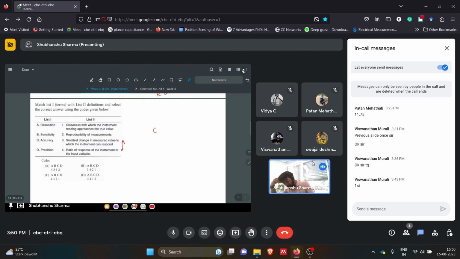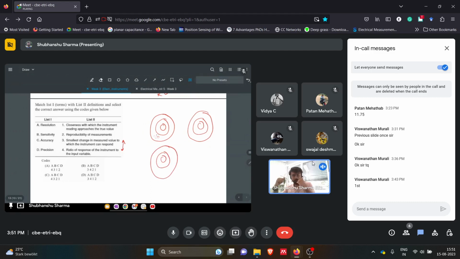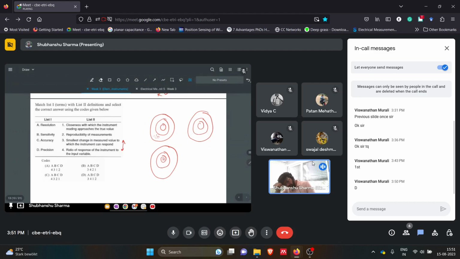If you are trying to hit arrows on a dartboard, let's say in the first case all your arrows are here, then in the next case your arrows are somewhere else, and this is the third case.